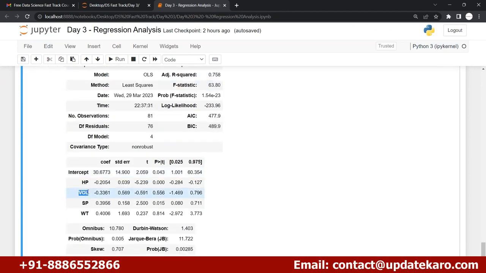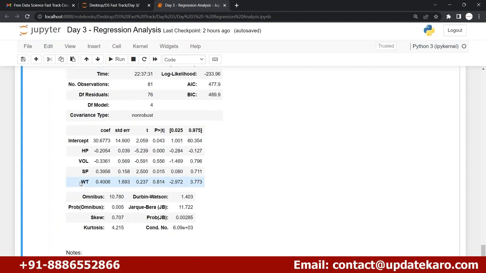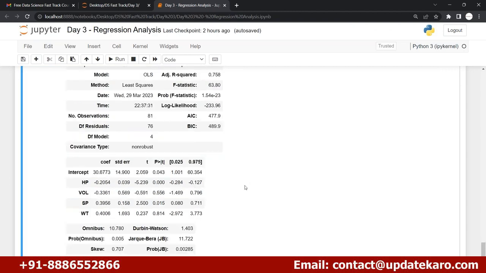Some are contributing positively and some negatively, in the negative direction. Understood? That's how you can find out which column is contributing in your model and which is not.